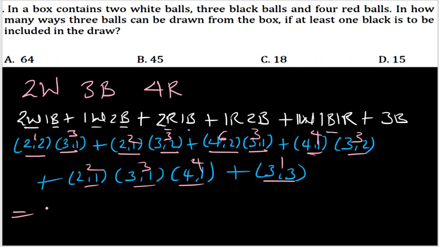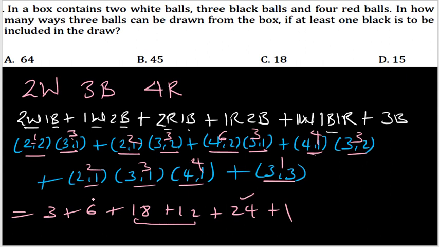So what's left now? 1 times 3 will be 3 plus, and 6 plus, here 18 plus 12 plus, here 2 times 3 6 times 4 24 plus 1. So when you add these, 30, and again 6 and 24, 30 plus 30 plus 30 60, and 3 plus 1 is 4, together will be 64. So the answer should be A. This is the total possibilities of selection.